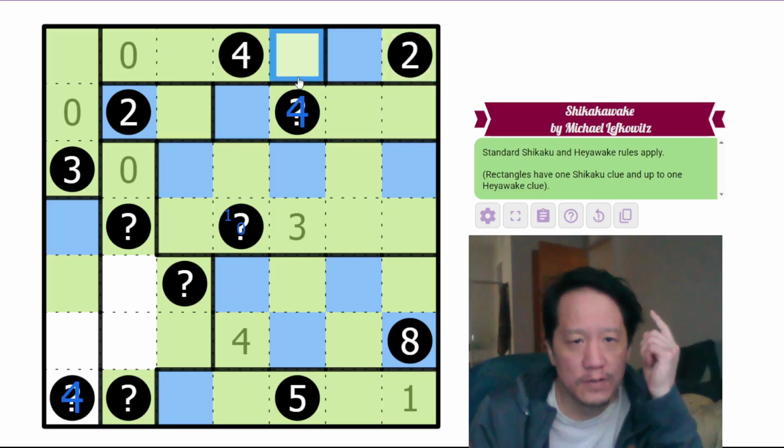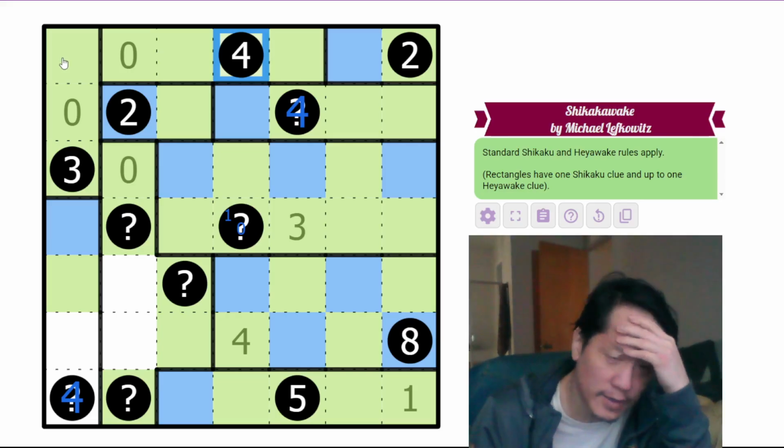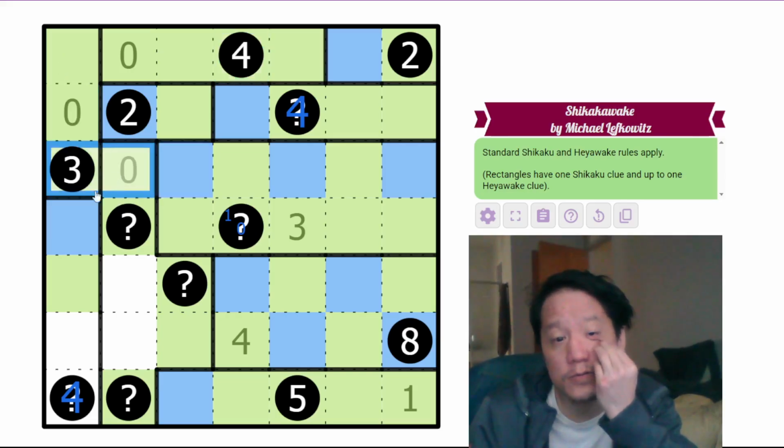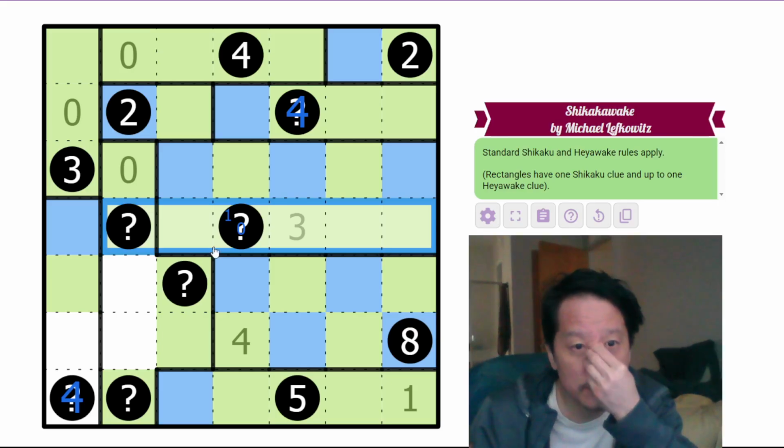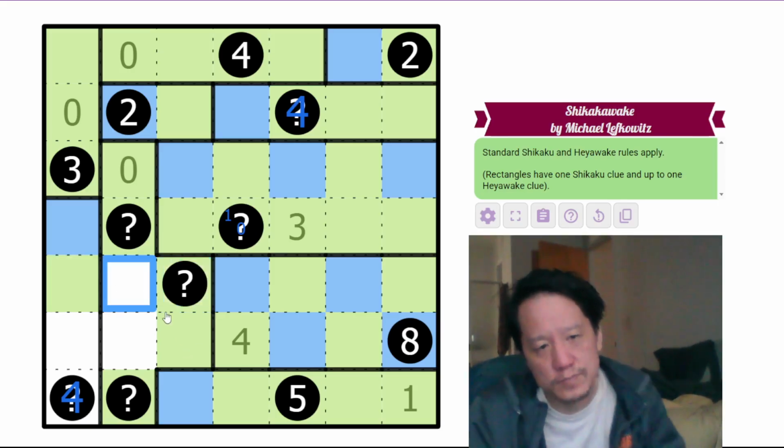It's okay. 2 rooms here. 2 rooms here. 1 room here. 2 rooms there. 2 rooms there. 2 rooms there. 1 room there. Okay. 2 rooms. 2 rooms. This could be green. That's fine. Can this be blue?